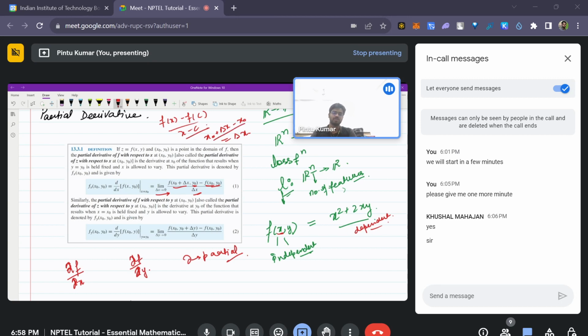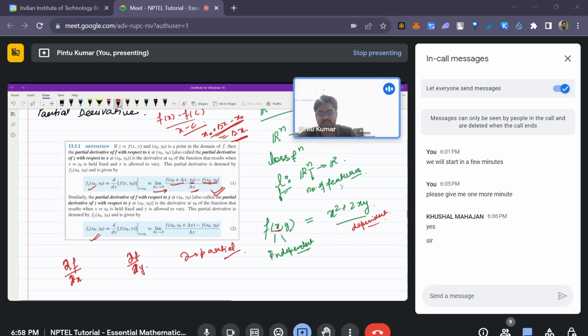Okay, this is similar to x minus c. So this is your derivative with respect to x and this is your derivative with respect to y. Okay, so this is how your partial derivative is defined.